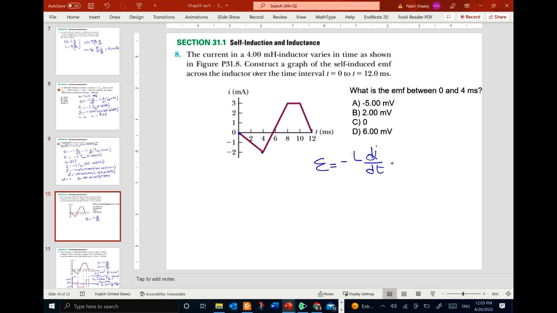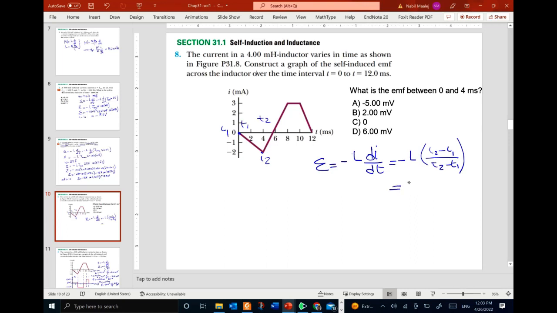Okay, so this slope, minus L. So let's call this I2, I1, T2, and T1. So the slope is going to be I2 minus I1 divided by T2 minus T1. When you evaluate this, this is a negative slope. Since it's a negative slope, negative times negative, you get positive.